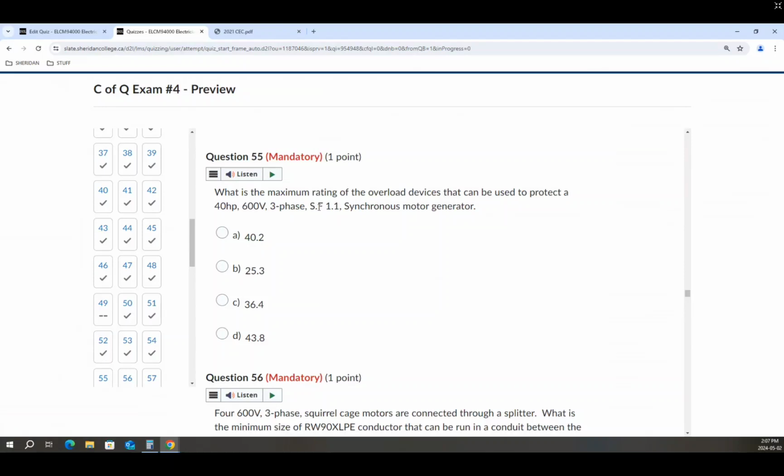And this one is similar to the one that I think that we took a pass on before, 49. I don't want to. So I need my FLA. It's a maximum overload device.